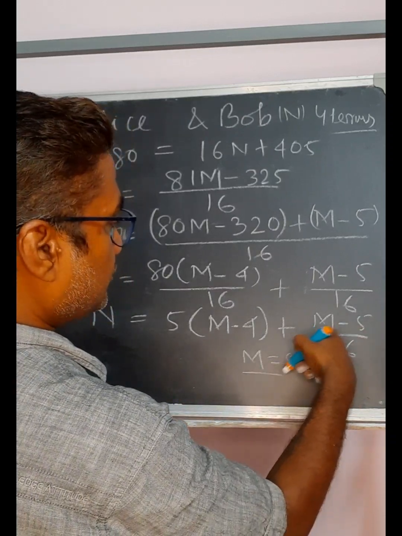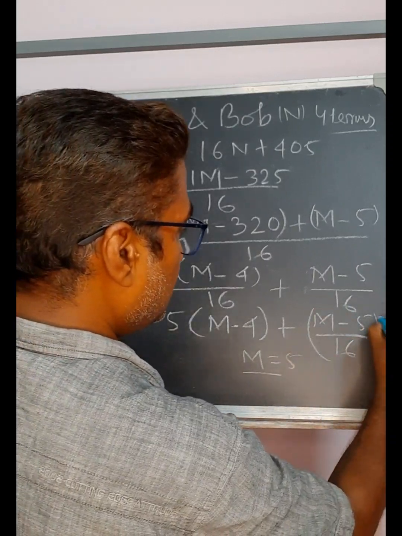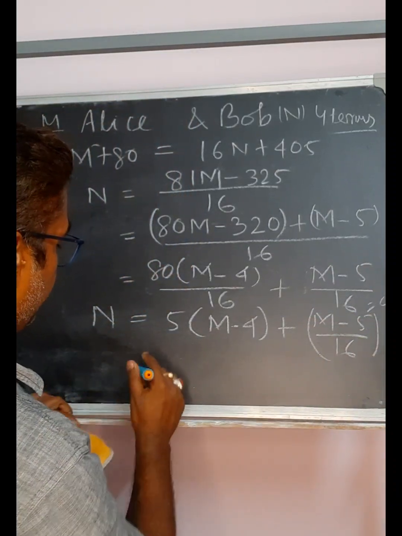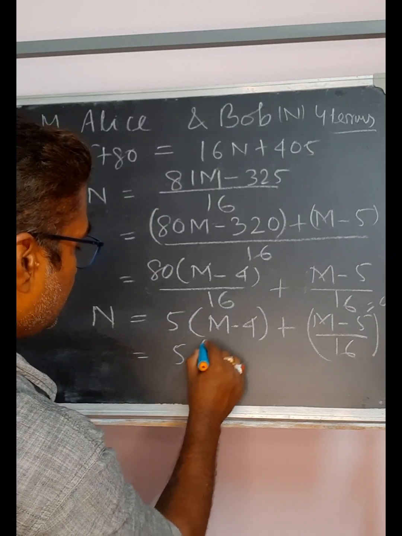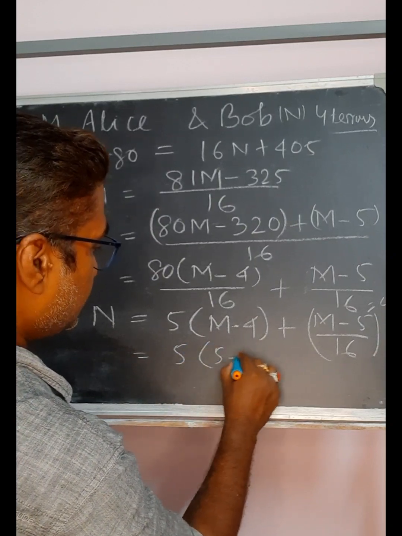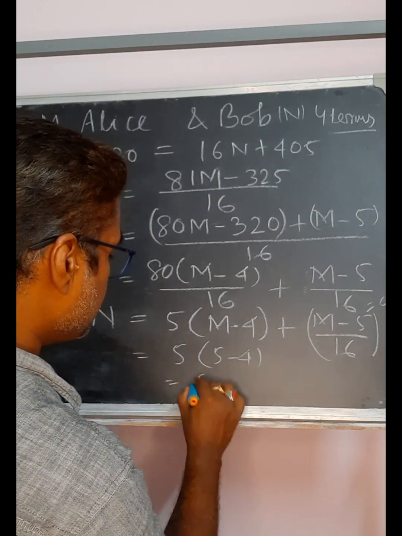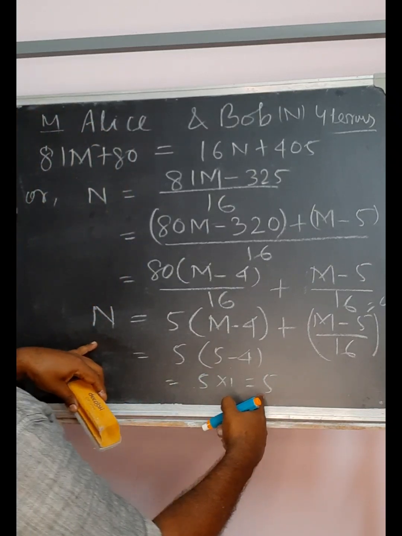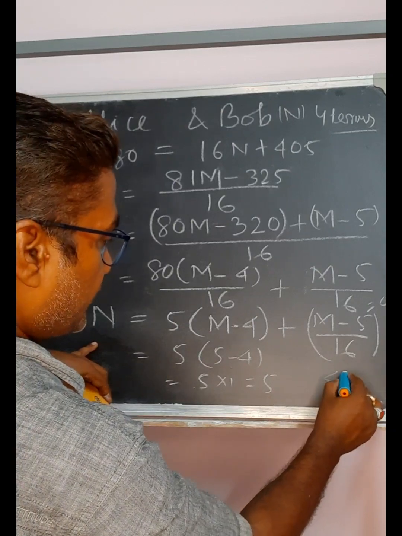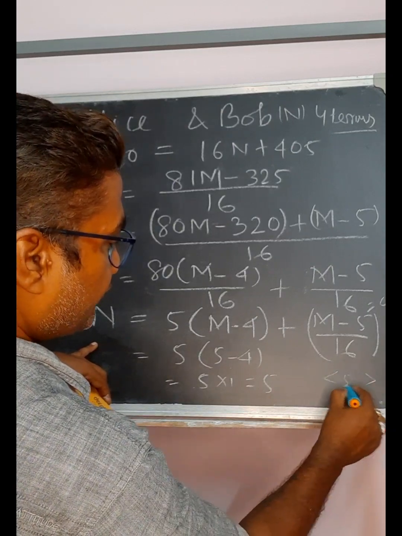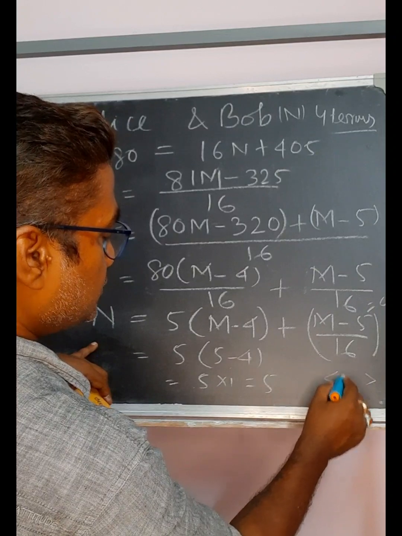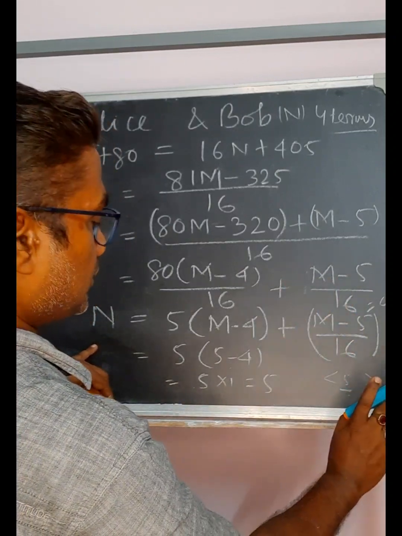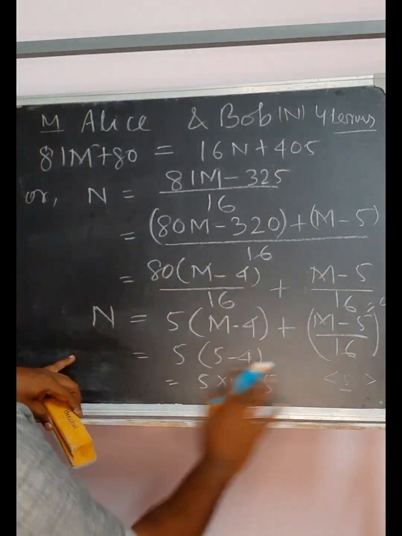Now taking m equal to 5, this term will become 0. So only the value m into (5 minus 4) remains, that means m into 1 is equal to 1. So this is a real solution. So below 5 and greater than 5, 5 is the next number which will satisfy the equation. So this could be the only minimum solution for this equation.